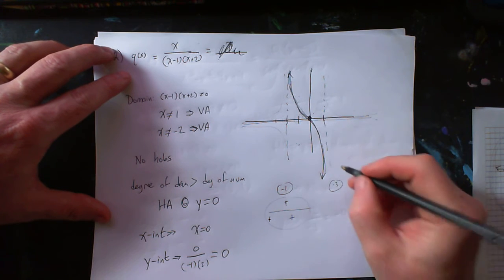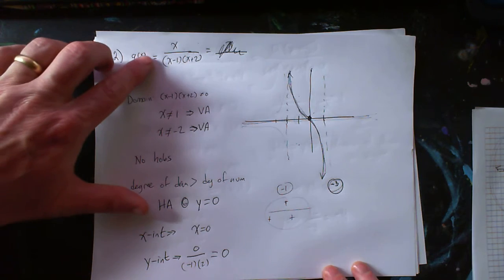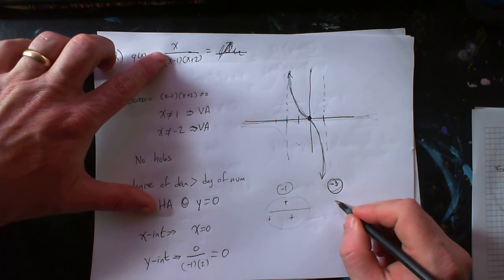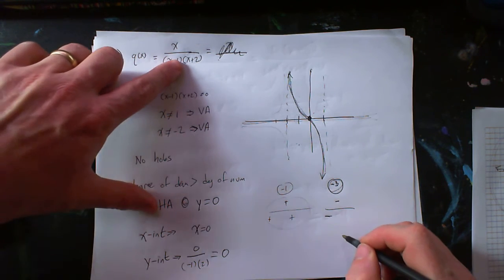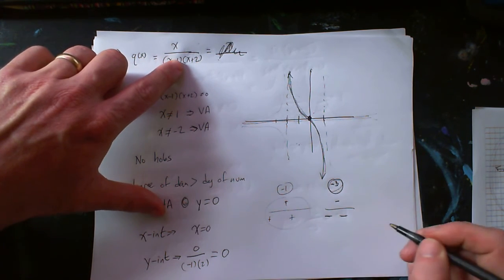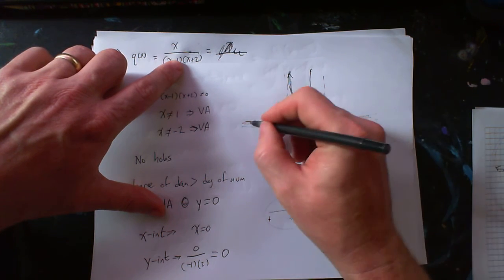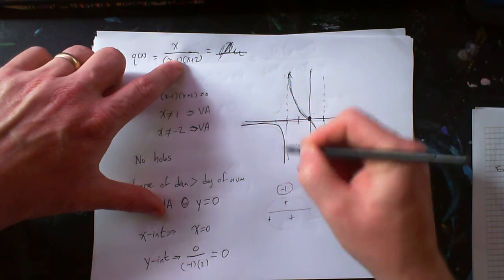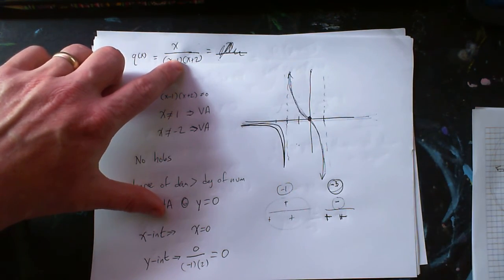And again, I'm really just concerned with what the sign is. So if I plug in negative 3, the top is negative. Negative 3 minus 1 is negative. Negative 3 plus 2 is negative. 3 negatives leave us negative. So over here we are below the x-axis. So I know I'm going to look like this on that side.